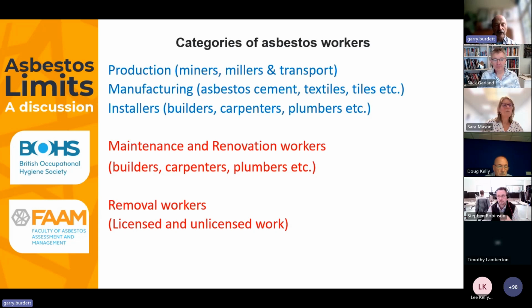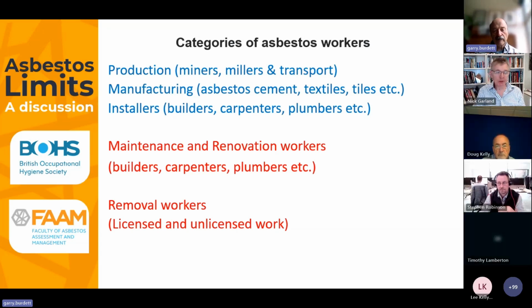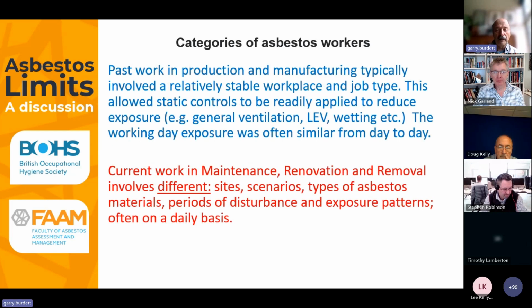They're part of epidemiology, but it's many years since we manufactured and installed asbestos. So the groups of asbestos workers we're interested in are maintenance and removal workers, and renovation workers.